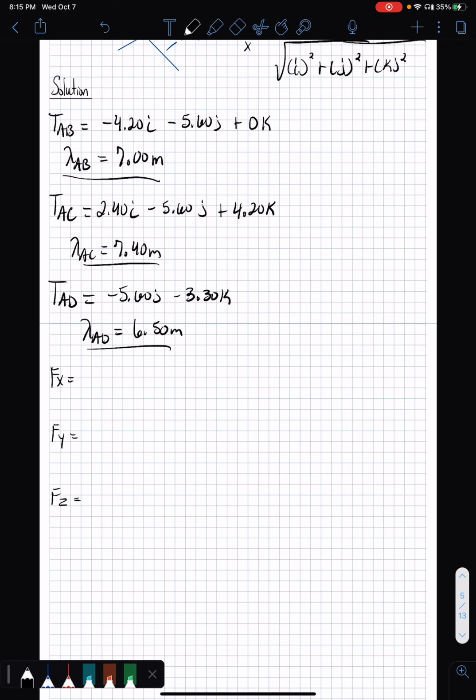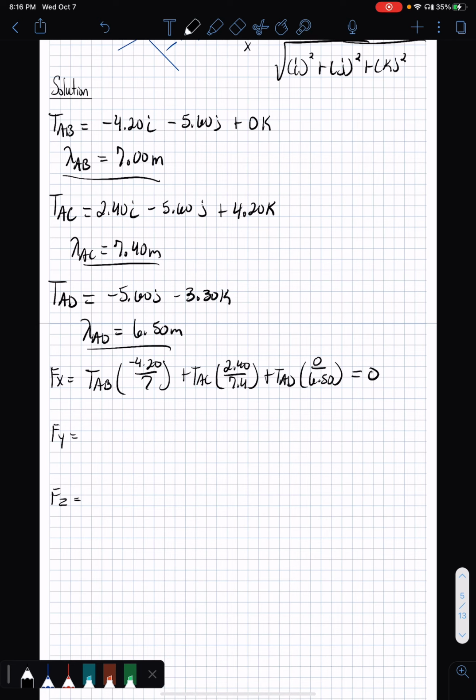We'll start with tensions in the x direction: tension AB times negative 4.20 over 7, tension AC, which will be 2.40 over 7.4, and tension AD, which has nothing in the x direction, so it's 0 over 6.50.